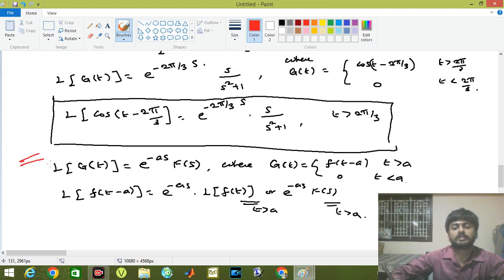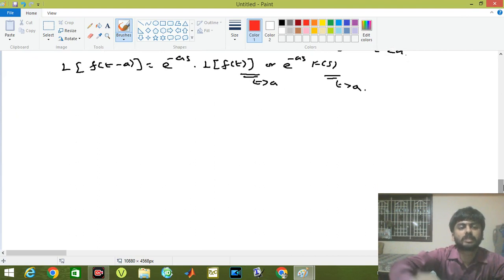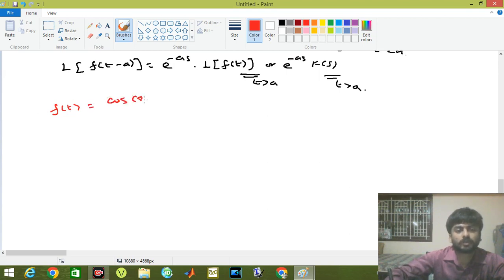Okay, we are again going to consider the same problem. Consider f of t equal to cos of t minus 2 pi by 3. That is our problem.